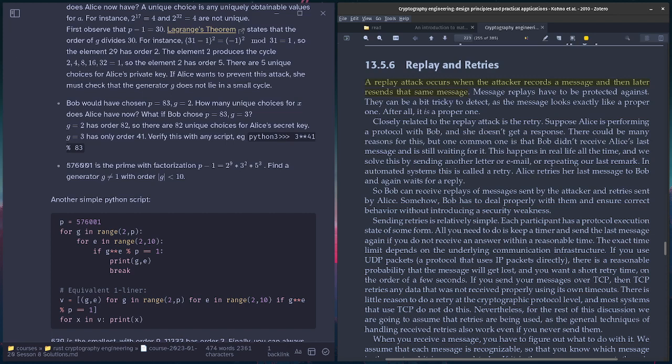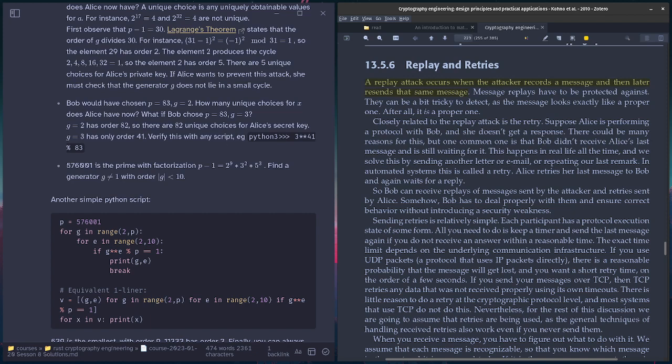So in the third question, this was meant to demonstrate that Bob could have chosen a safe prime instead, where p equals 83. And so the question for p equals 83 is, why is this a better choice for a prime, even if we're still talking about entirely toy values, where p equals 83, which is prime. How many unique choices for x does Alice have now?